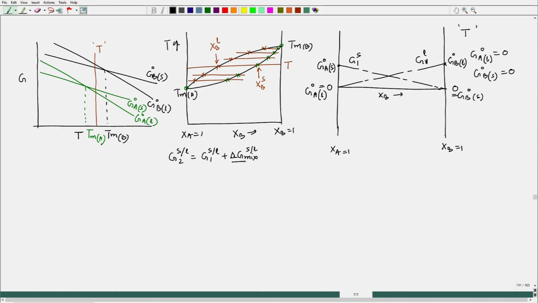And ΔG mix is RT (X_A ln X_A plus X_B ln X_B). So that is the formula we have got for ΔG mix, and this will be the same contribution it will provide at a particular temperature to G2, but G1 would be different.